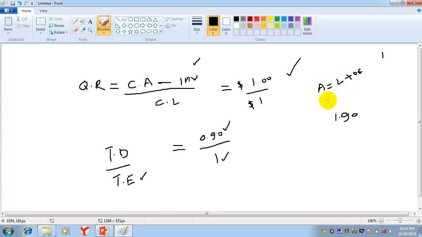So now, if total assets are 1.90, out of this 1.90, 0.90 is debt, plus 1, which is the owner's equity.